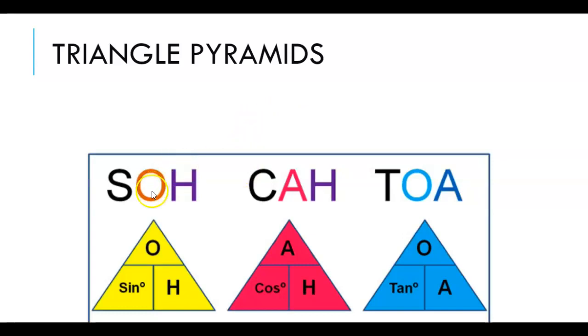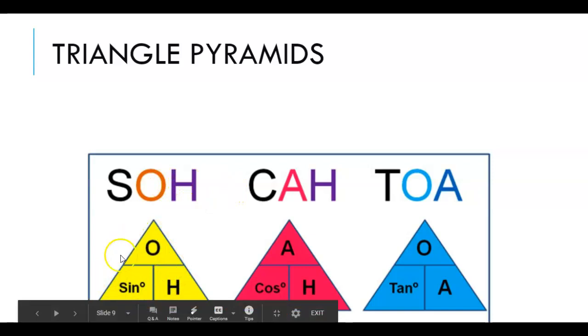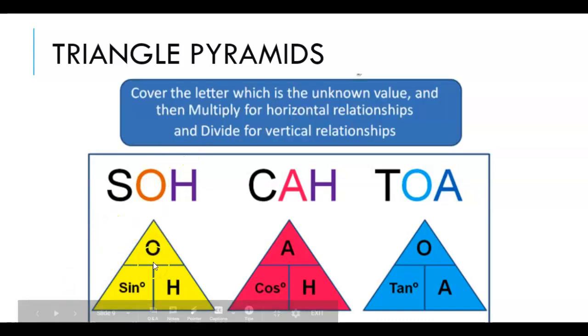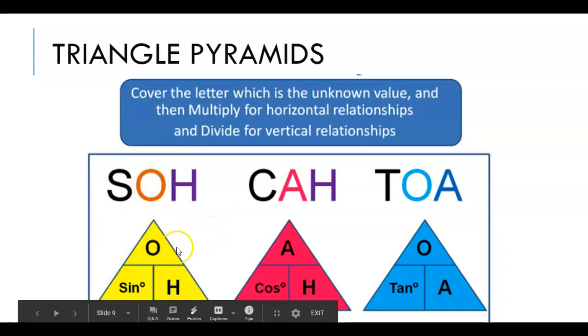Based on the labeling, you're going to check which ratio is the most appropriate one, and you're going to create this kind of a triangle here. For each case, 2 of this information will be given to you, and the third one will be missing. In order to write the proper ratio or the equation, cover the letter that is missing.